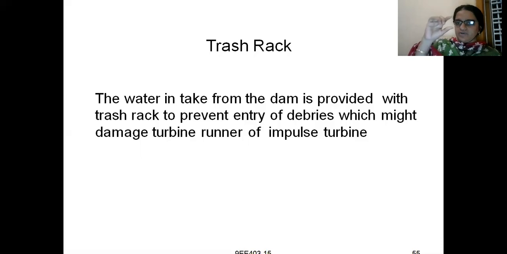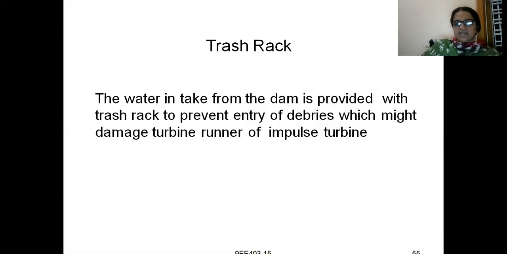And from the dam the water will enter the penstock, and easily the water will touch the blades of the turbine, and the turbine will rotate. The turbine will give mechanical energy as output.